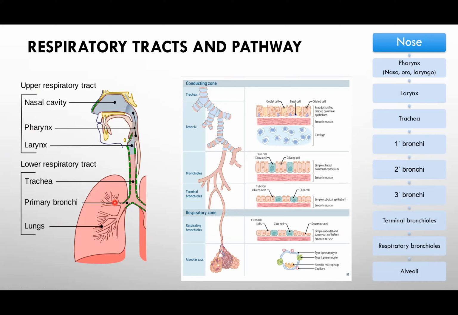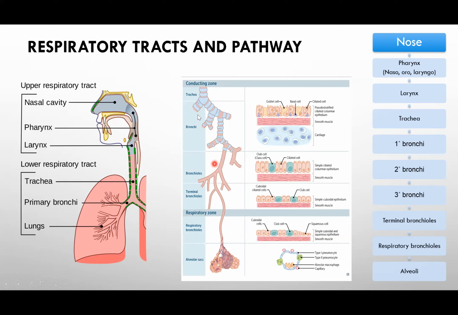Within the lower respiratory tract, we have two different zones. We have a conducting zone, which includes the trachea, the bronchi, the bronchioles, and the terminal bronchioles. And then we have a respiratory zone. The respiratory zone is those fine little tiny branches that derive directly from the terminal bronchioles, called the respiratory bronchioles, which give way to the alveolar sacs.